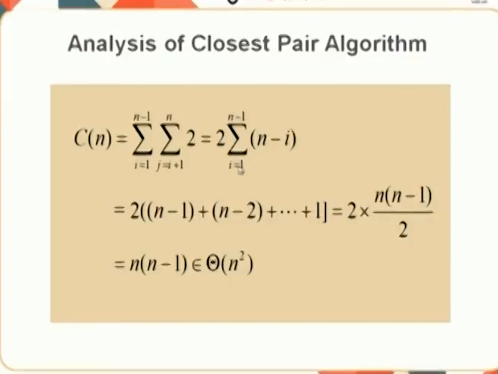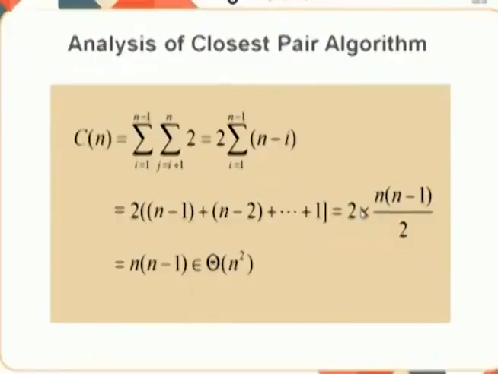With i replaced by 1, 2, and so on, when it becomes n minus 1, it becomes 1. Now you can see this is nothing but the Gauss formula. The Gauss formula, as you know, is 1 plus 2 plus 3 plus 4 up to n, which is n into n plus 1 by 2.